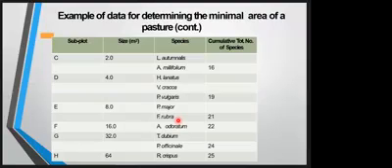Okay, example of data for determining the minimal area of pasture, no? Continuation for the previous slide. So as you can see, these are the subplots that we've mentioned a while ago on the 8 by 8 meter.